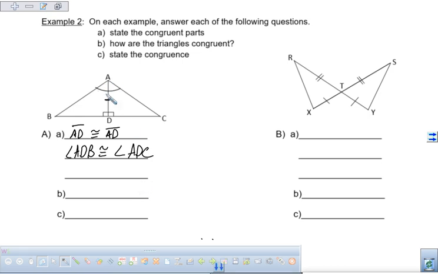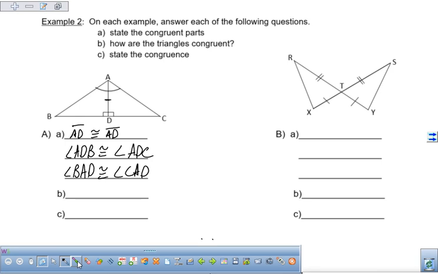And then we need our angles up here that are getting bisected by segment AD. So we'd have angle BAD is congruent to angle CAD. And again, we have two sets of angles marked and the side that is in between them.